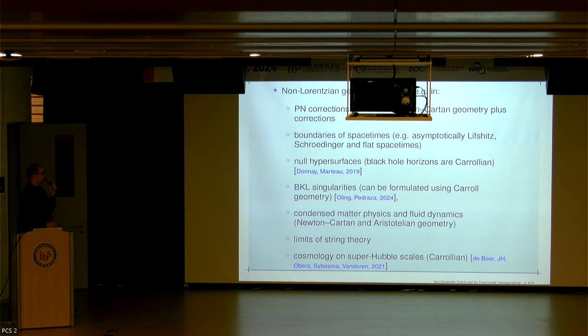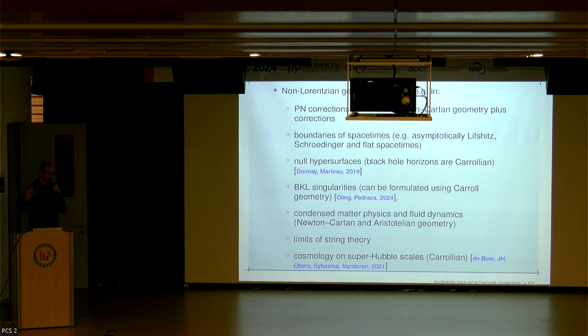As I already mentioned, if you have some spacetime, a solution of Einstein's theory, and you go to infinity, typically you will get a non-Lorentzian geometry at the boundary. Examples where we know this happens are flat space, Lifshitz spacetimes, and Schrödinger spacetimes. Schrödinger spacetimes were introduced by Son in the context of holography.